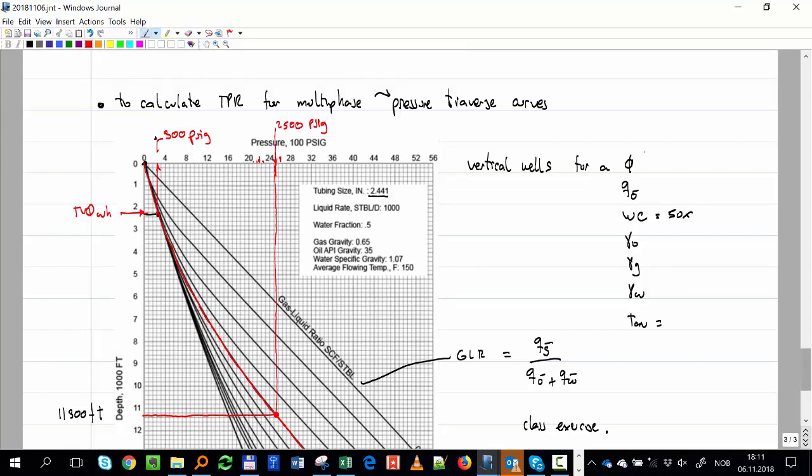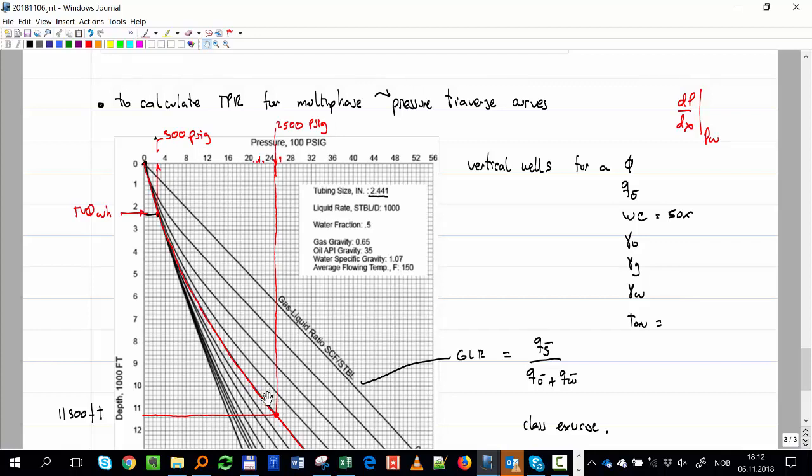So if everything is the same, the dP/dx at that pressure should be the same for both. It doesn't matter if that pressure happens at 11,000 feet, or at 9,000 feet, or at 3,000 feet. The pressure drop is the same, and the pressure drop is what gives you the shape of this curve.